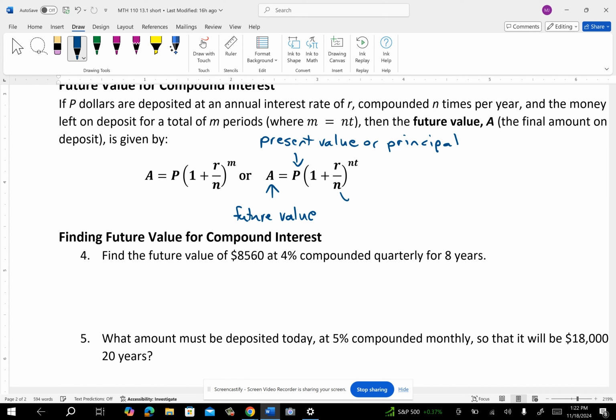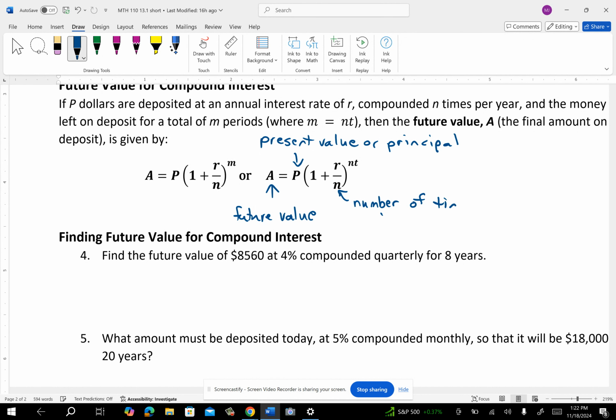The N is the number of compounding periods. Oops, I didn't spell that right. Let me try spelling that better: the number of compounding periods. Let me write that more informally. It's the number of times they're going to calculate the interest.